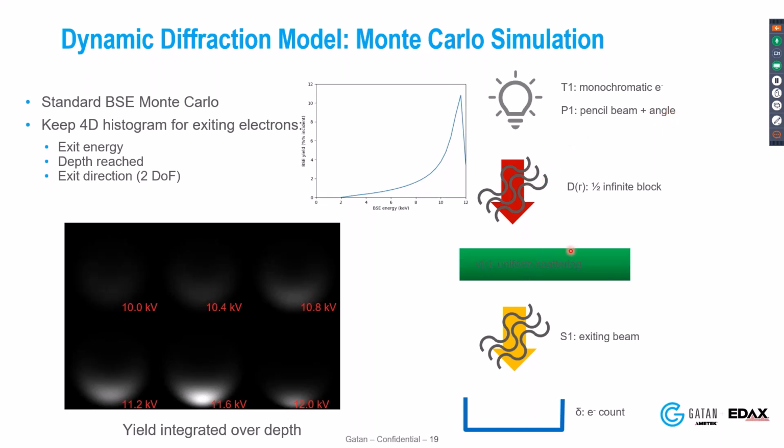And then we simulate it going into a material. It scatters around, it will lose energy. And then what we're interested in are the ones that are backscattering, that are coming back out. We count these and we keep at each point what's the exit energy, what's the depth, and what's the direction. We can get this for different energies and understand the yield integrated over depth. But it gives us an idea of the scattering within the material and what's coming out.